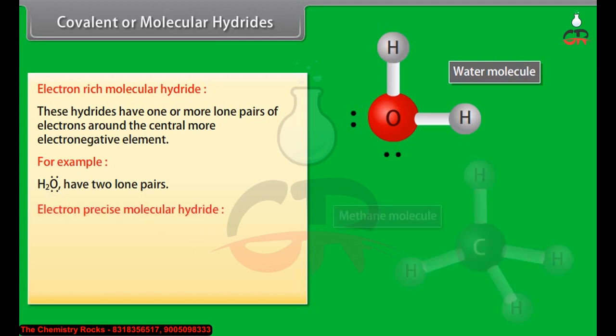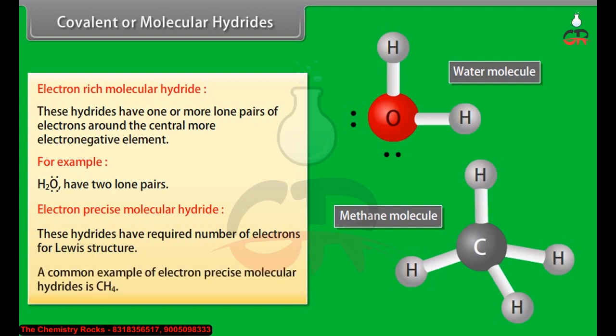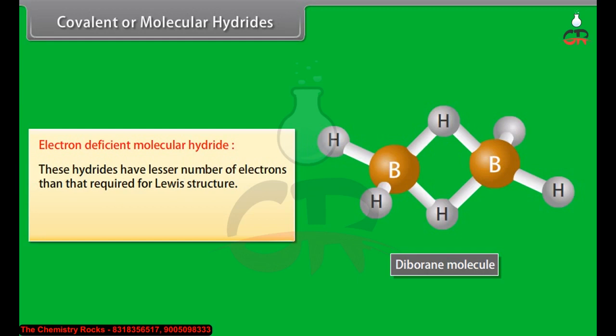These hydrides have the required number of electrons for the Lewis structure. A common example is methane. Electron-deficient molecular hydrides. These hydrides have fewer electrons than required for the Lewis structure. A common example is diborane.